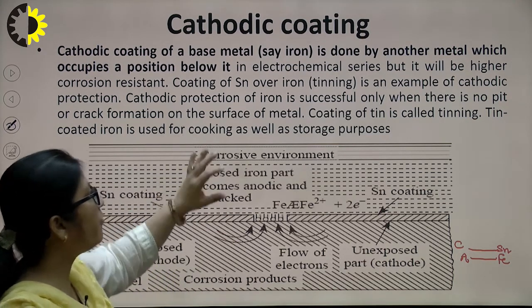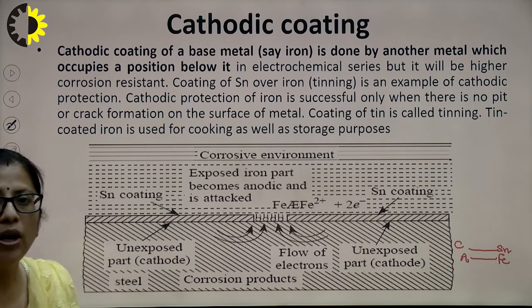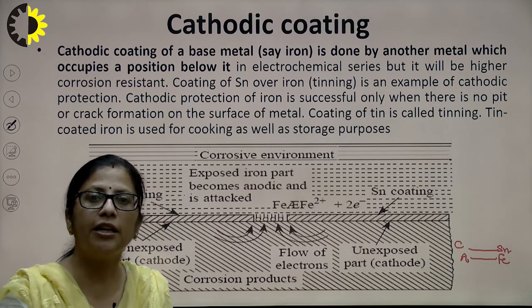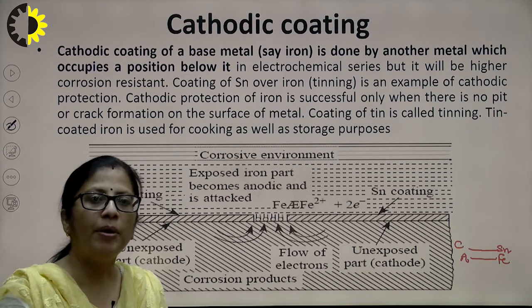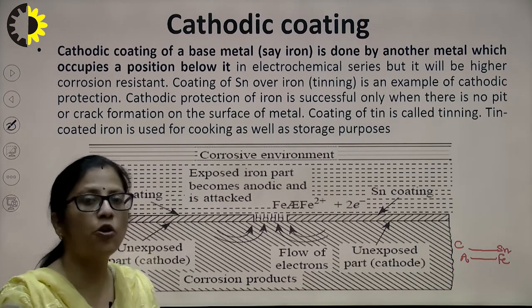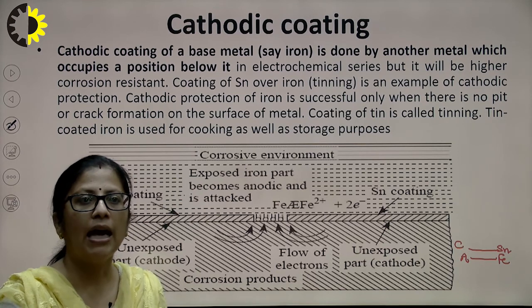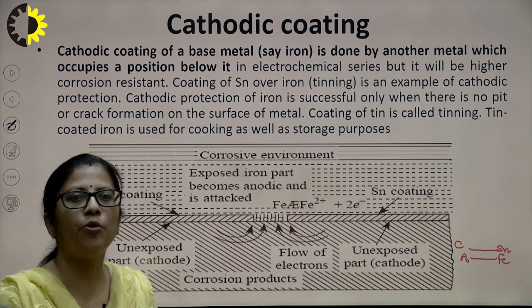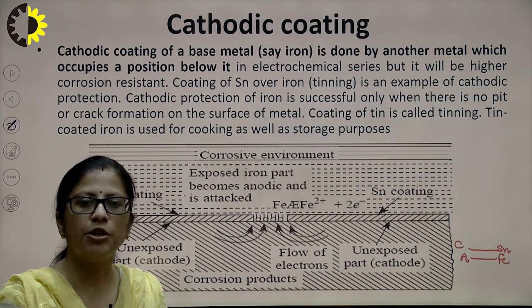So, these type of cathodic coatings are successful only when there is no pit or crack while forming the layer. So, the coating of tin is called tinning, and tin coated iron is used for cooking as well as storage purposes.